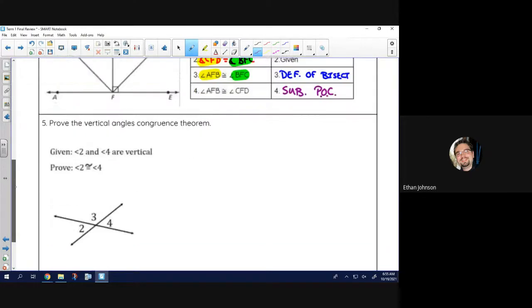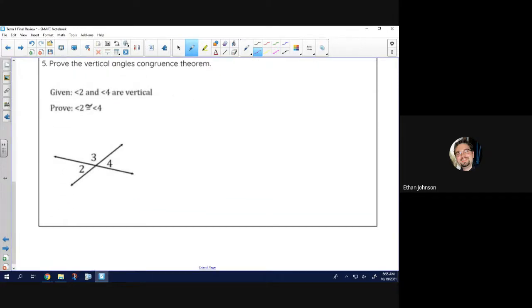Looking at number 5. Prove the vertical angles congruence theorem. We did do this one in our notes, but we're going to do it again, and possibly do it in a shorter method.